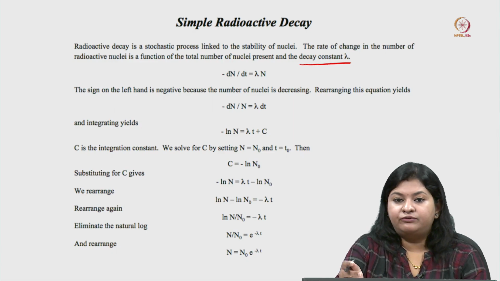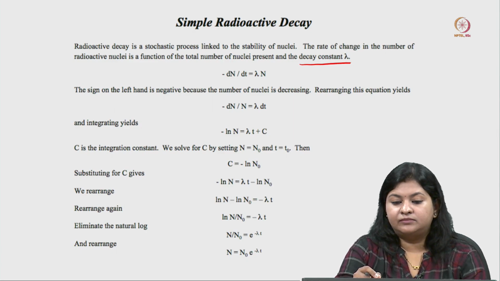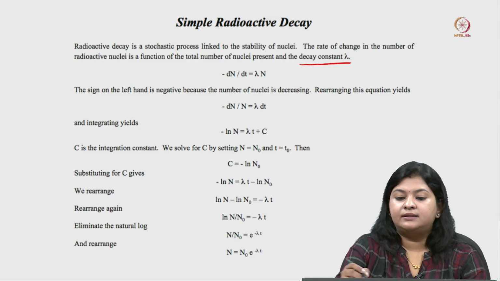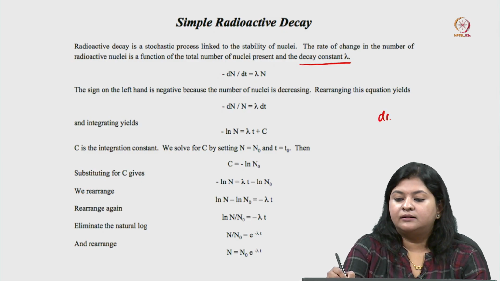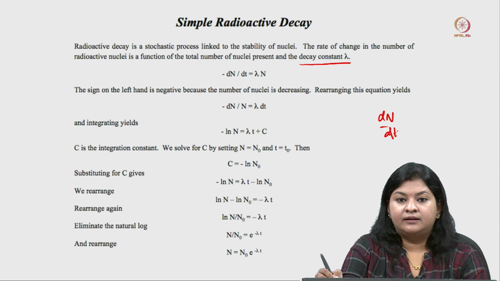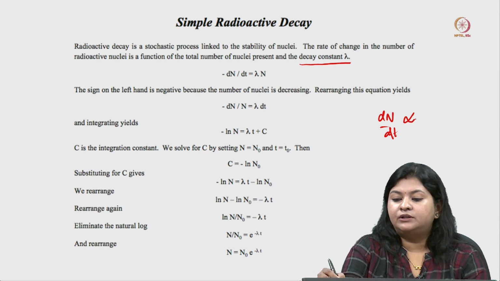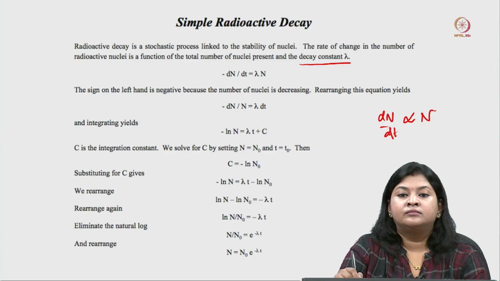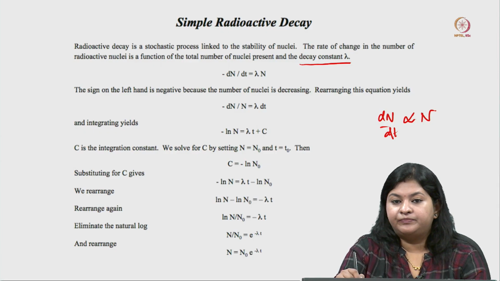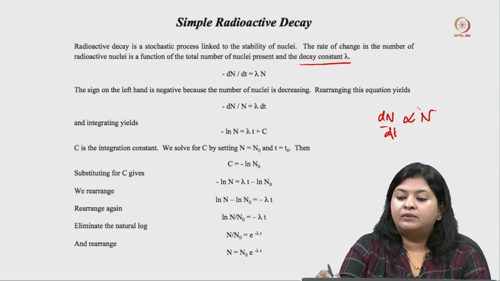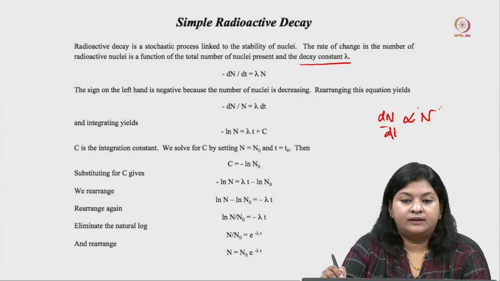If we first write this equation, dN by dt, that means the rate of decay, is directly proportional to the number N present. N is the number of radioactive parent atoms present.